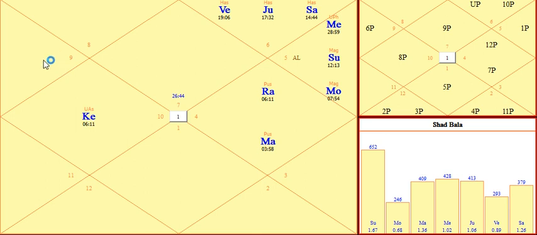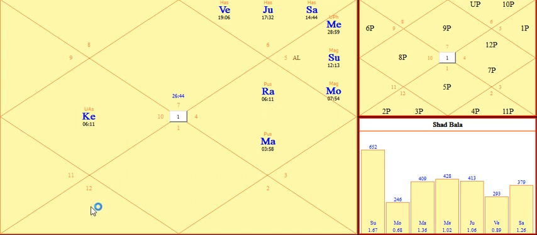An important exception is whenever a house lord has gone 10 places away, as in this case the third house lord has gone 10 places away. Then the pada will fall in the 4th house from that house: 1, 2, 3, 4. Whenever a house lord has gone 4 places away, like in the case of the 7th house, 1, 2, 3, 4, in that case the 4th house itself will be the pada. The 4th house from that house will be the pada.